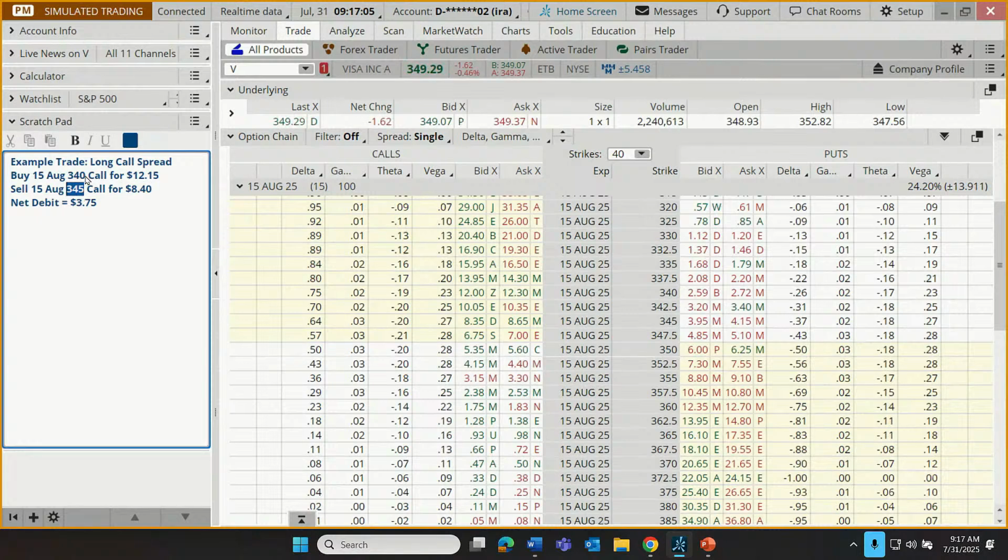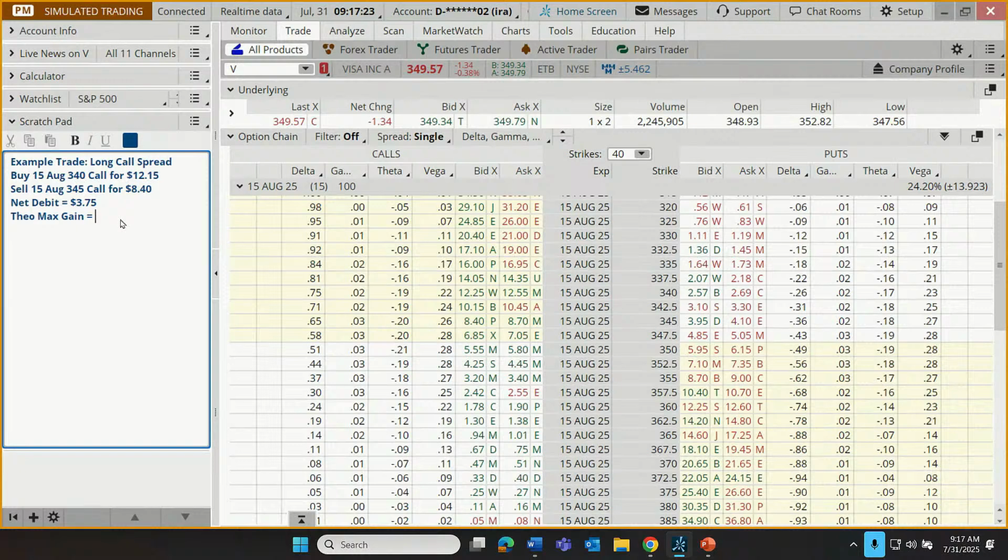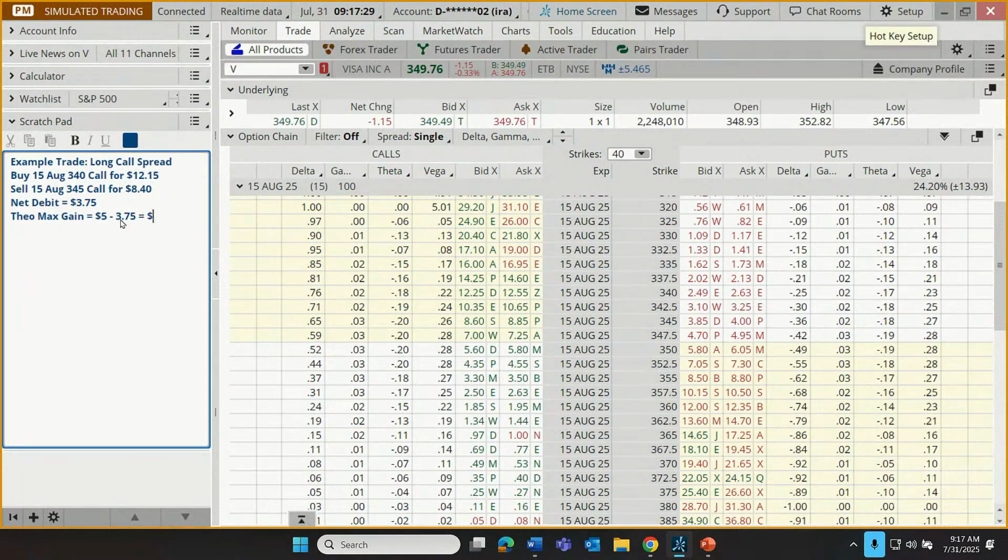So if we buy shares for $340 and we sell those shares at $345, that'd be a $5 profit if this were a free trade. It's not a free trade. It cost us $3.75 to set that up. So what does that leave us as the theoretical maximum gain of this trade? Well, $5 profit minus $3.75 to set it up means that we have $1.25 that we can potentially gain.